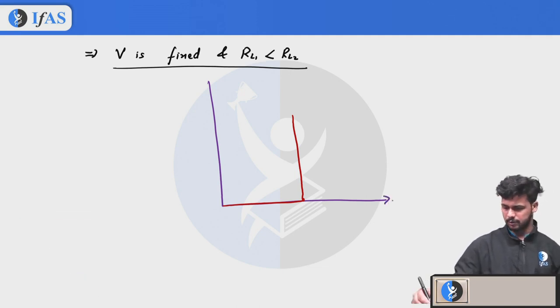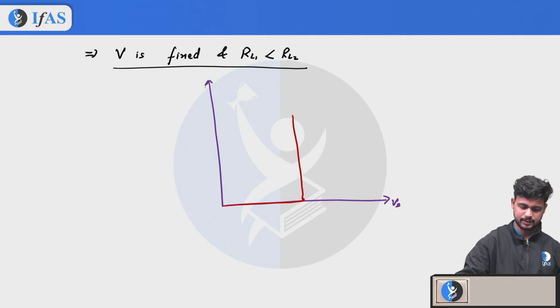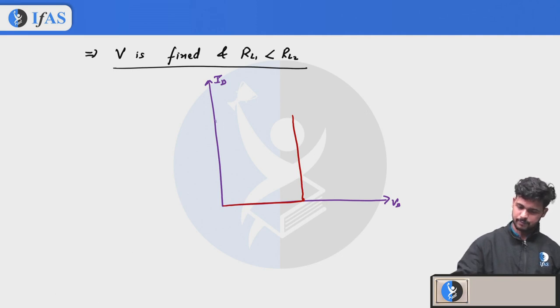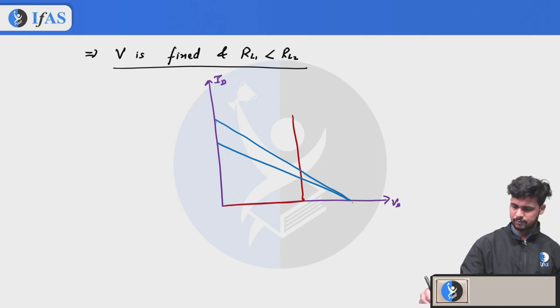So this is VD and this is ID, okay, and here this is V, this is V new.